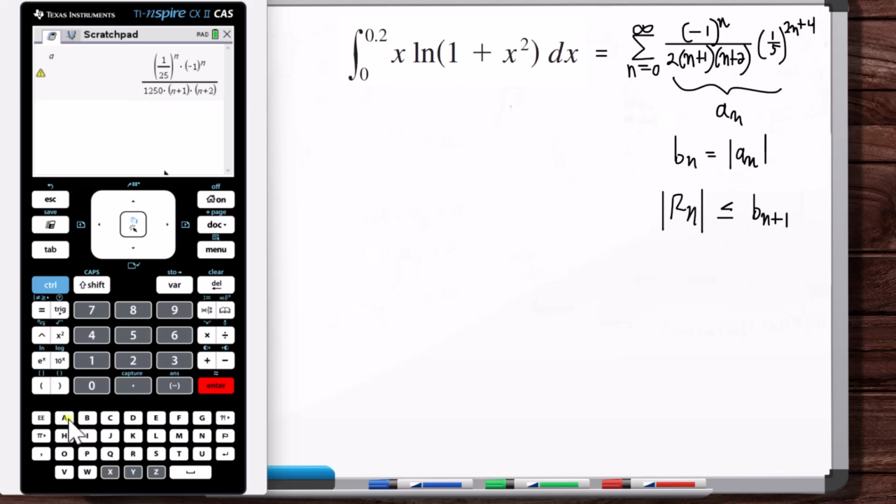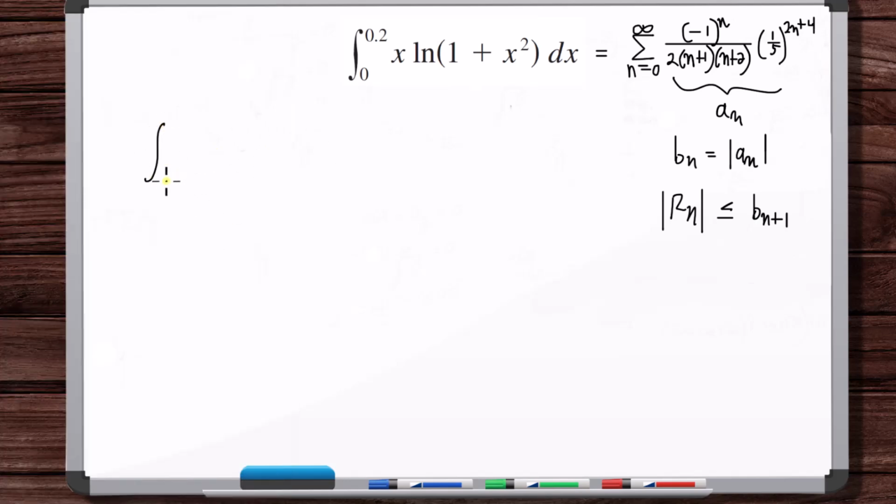So we want to say a with n equals 0 plus a with n equals 1 plus a with n equals 2, and that's going to be the answer. That's the definite integral accurate to within whatever that b sub n plus 1 was. At least more than 6 decimal places.